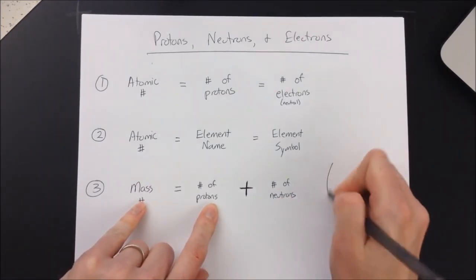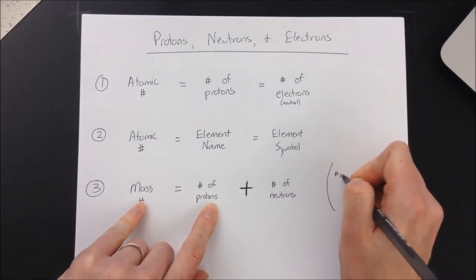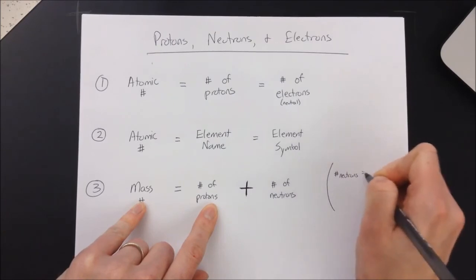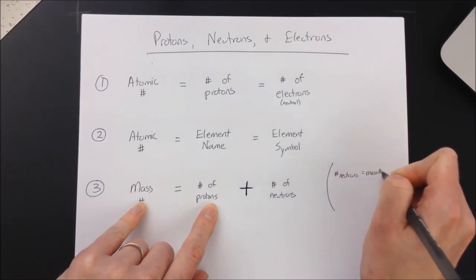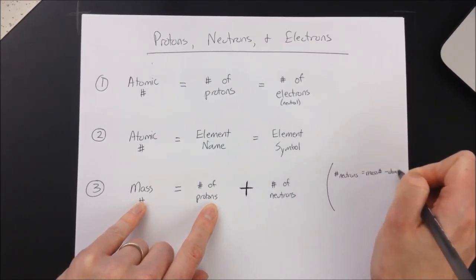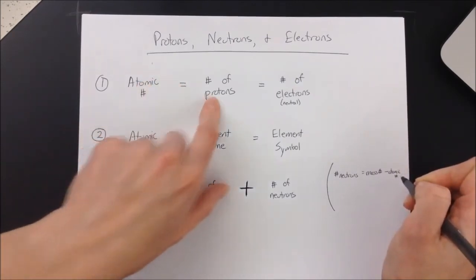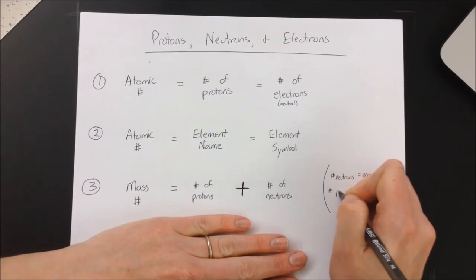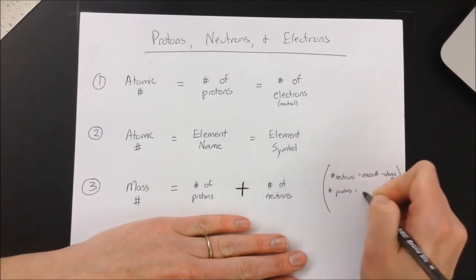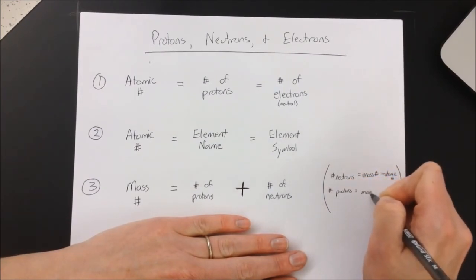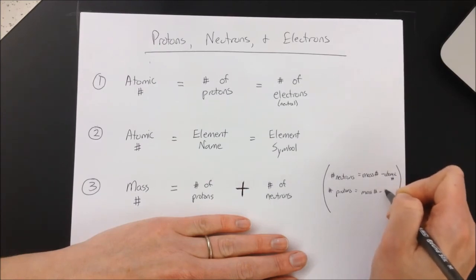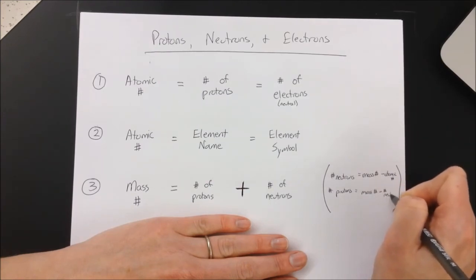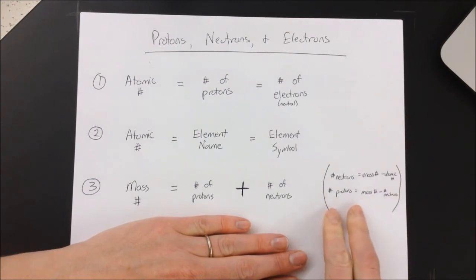So a little side note here, the number of neutrons would be the mass number minus the atomic number, which again, if you know the protons or electrons, you know the atomic number. And the number of protons would be the mass number minus the number of neutrons. So it just depends on what you have as to what you can get.